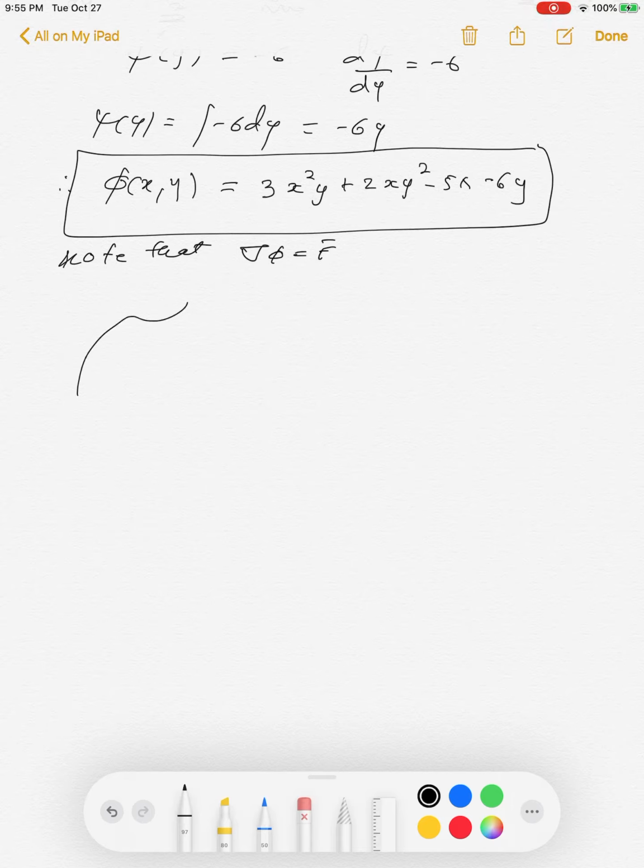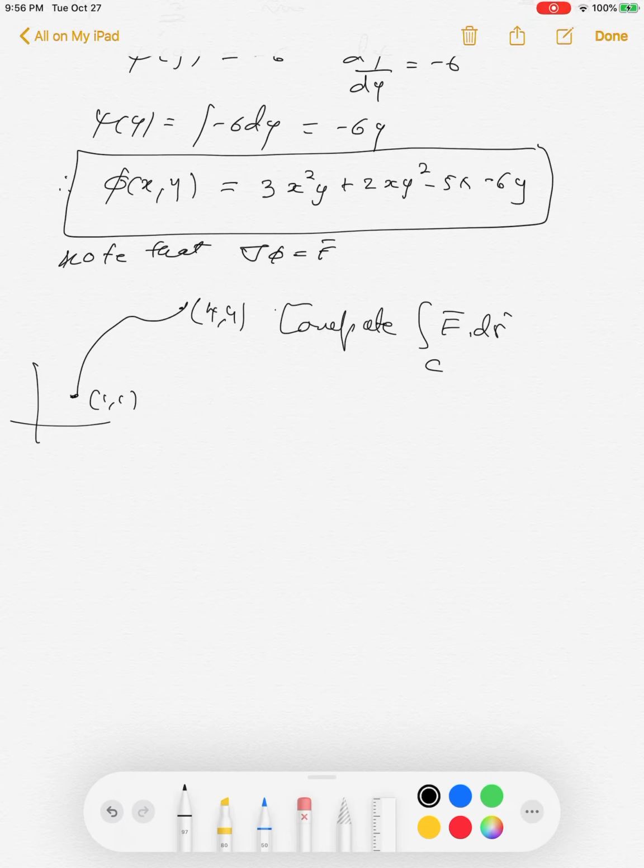Now just to stress this last point, when you have a conservative vector field and you are finding the integral along any curve, it doesn't matter what curve it is. If you take two points, so let's take in the plane, one point is (1, 1), the other point is (4, 4).